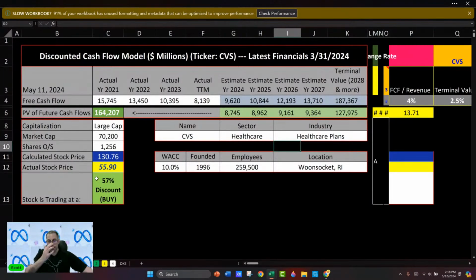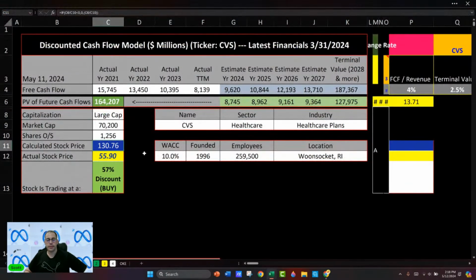So I'm at 130, and I think it would have been like 160 by my calculation, but I lowered it. I can't remember how I lowered it. I think I lowered the estimates, maybe.